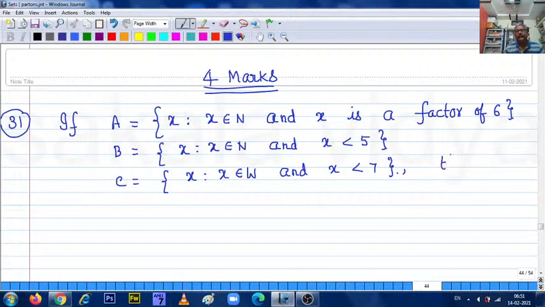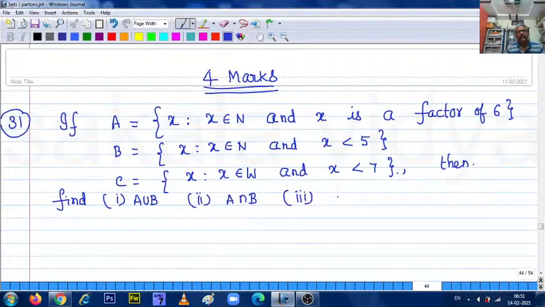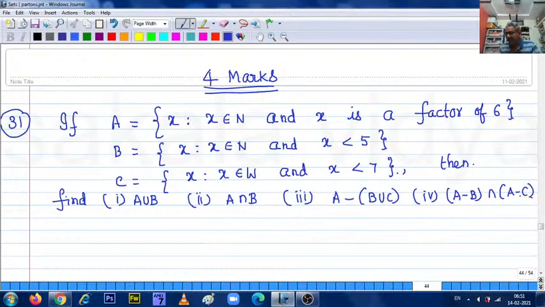Then find: first, A union B; second, A intersection B; third, A minus B union C; fourth, A minus B intersection A minus C.